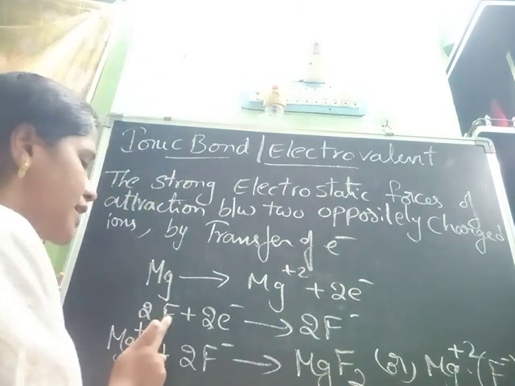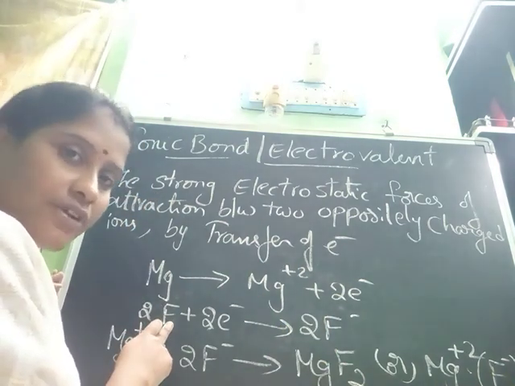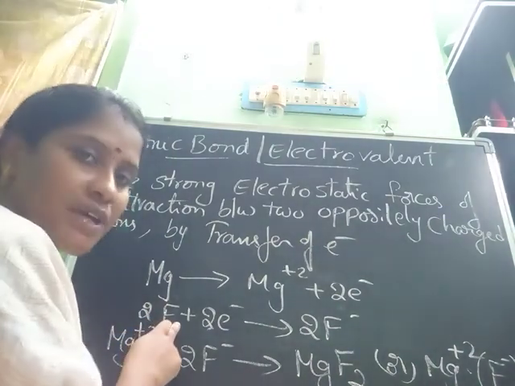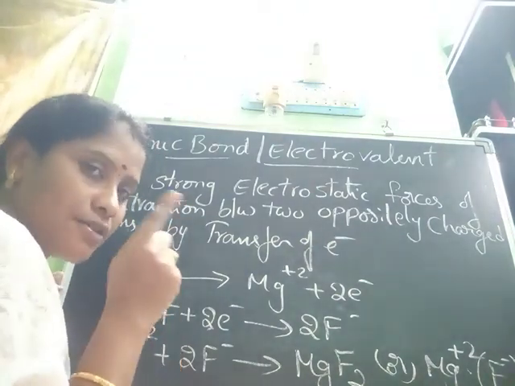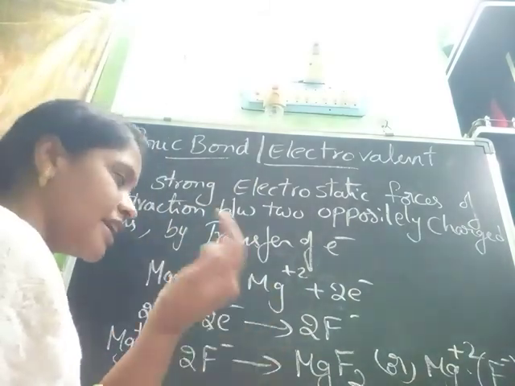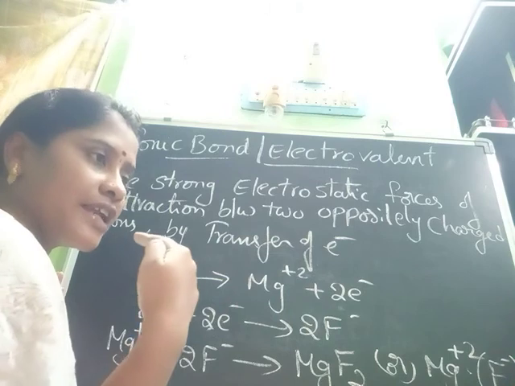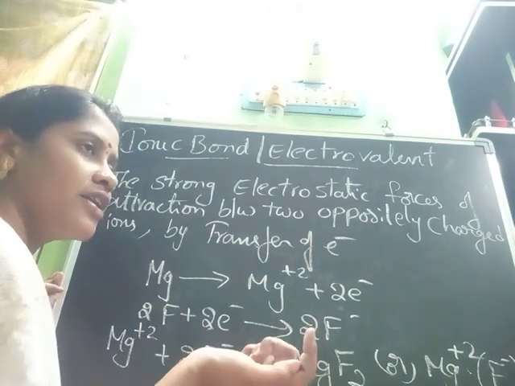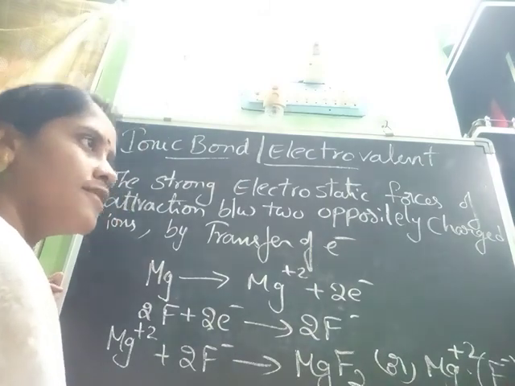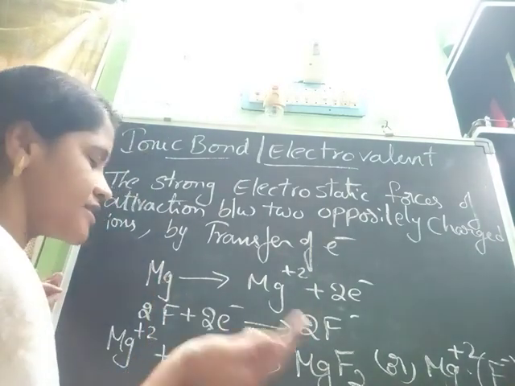Next, I am taking fluorine. Fluorine's atomic number is 9. It is nearer to neon, whose atomic number is 10. If it gains 1 electron, it gets stability.